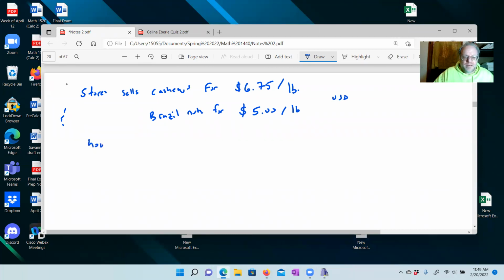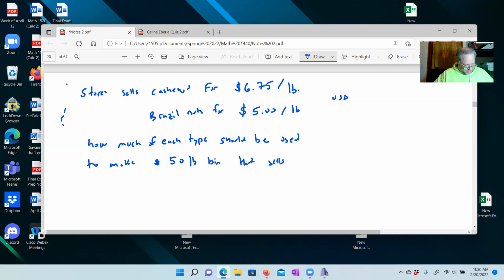So how much of each type should be used to make a 50-pound batch that sells for $5.70 per pound. Okay, so that's what we're going to do.